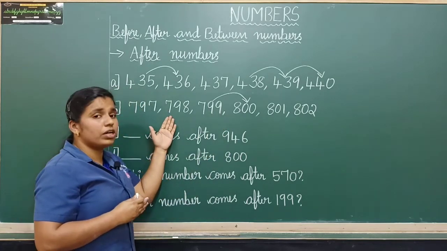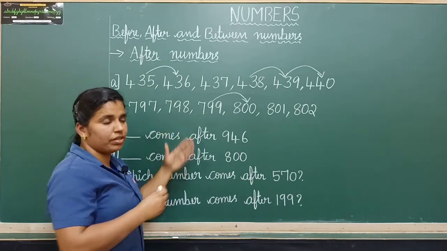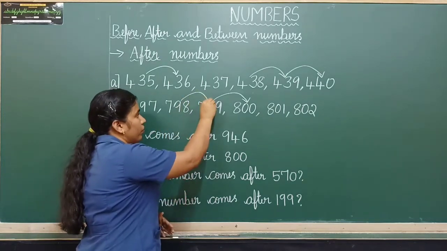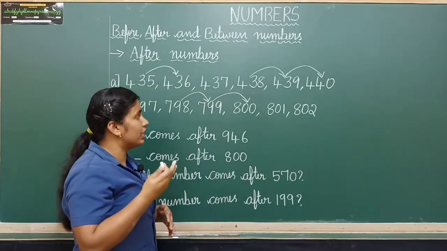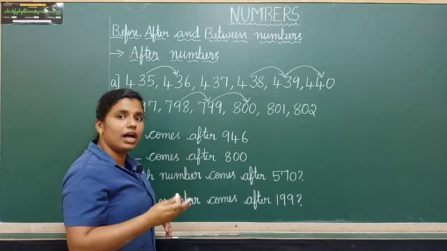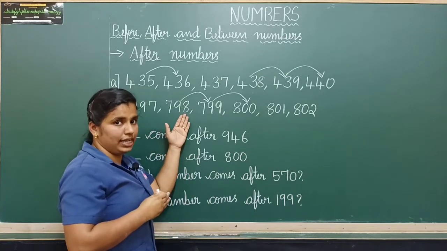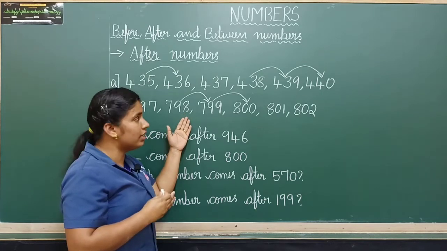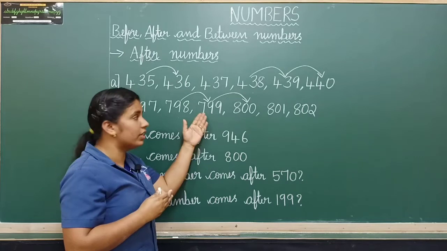Okay, which number do we get after 798? Now you know, if you start counting forward, you will get the after numbers, and the first next number will be the after number of 798. So here the answer is 799 comes after 798.